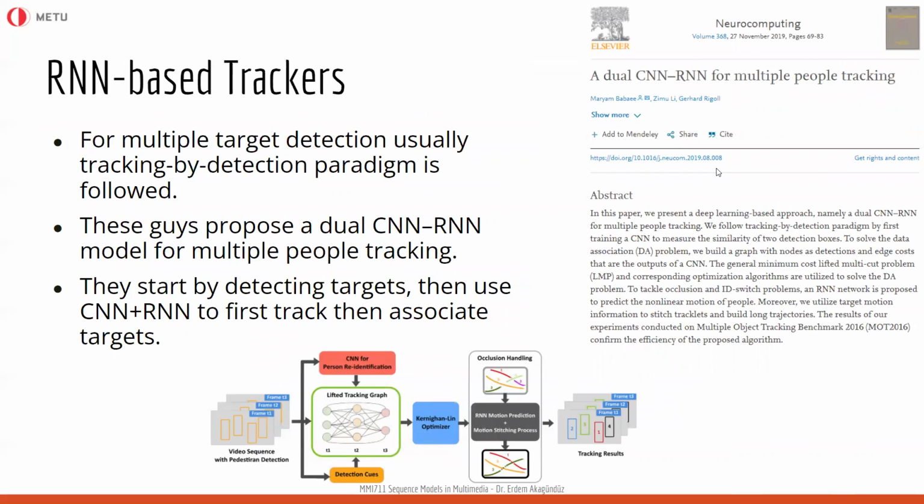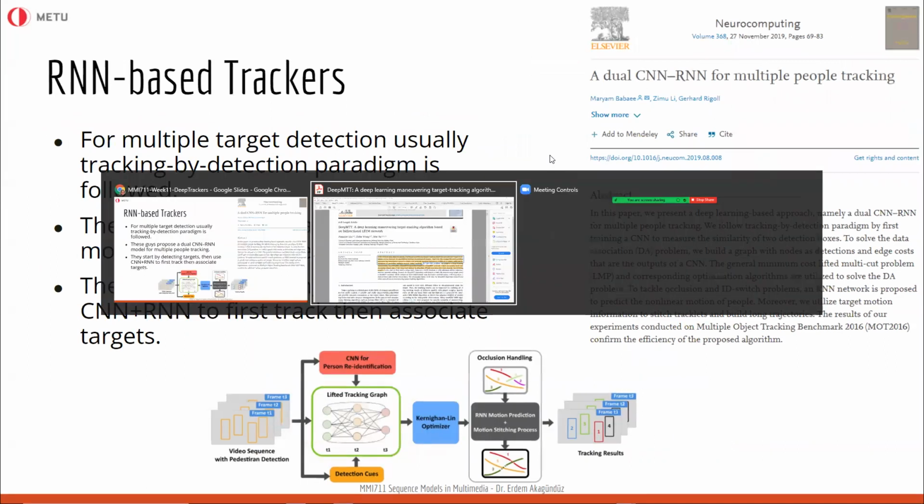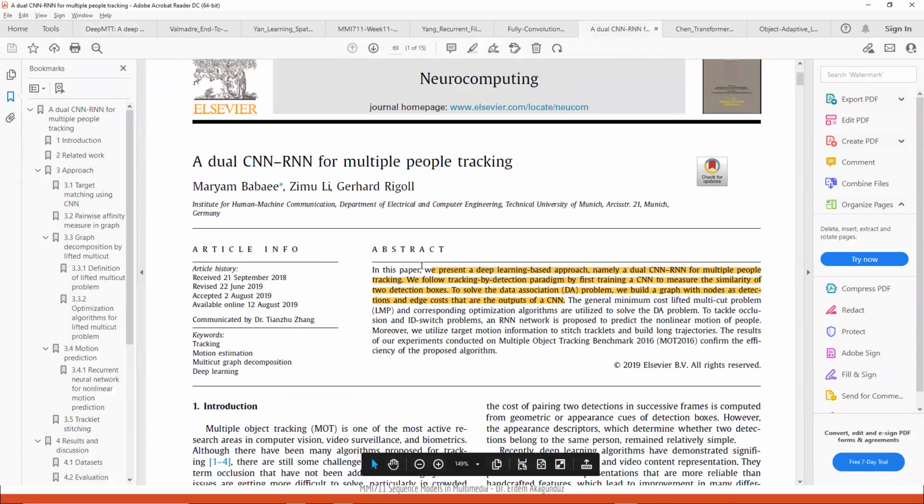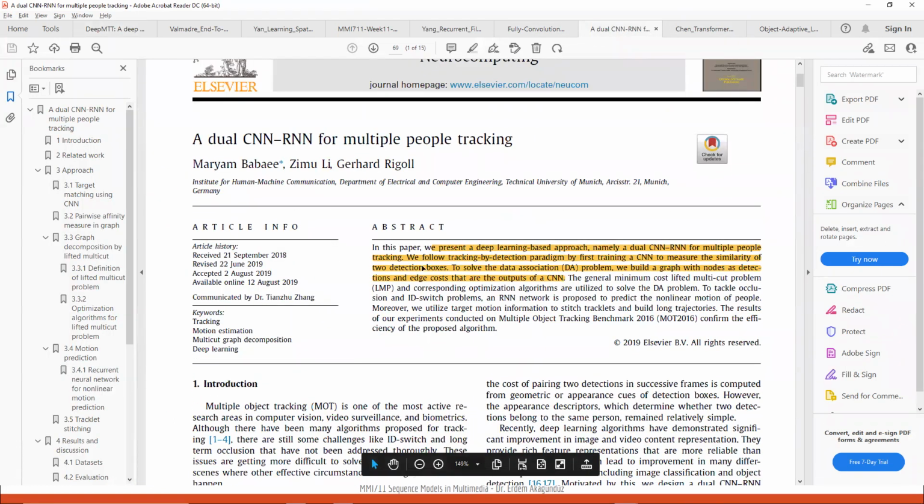So there is a very nice paper from Neurocomputing, which I'm going to be talking about next. Okay, this is also multiple target. So at this point, with this hour, I jumped to multiple target trackers, not a single target tracker. In a single target tracker, the focus in the two papers from the previous hour was to learn the appearance model in a perfect manner.